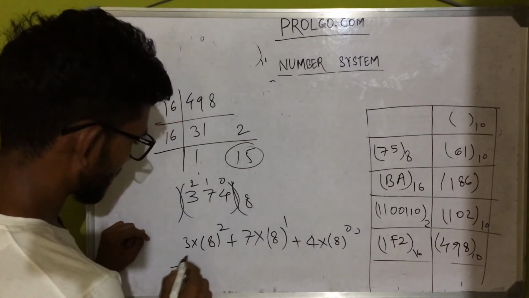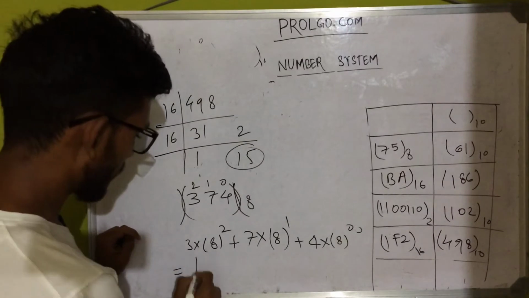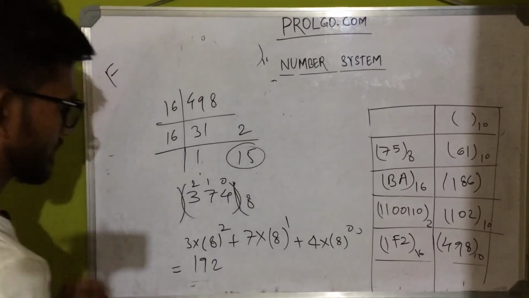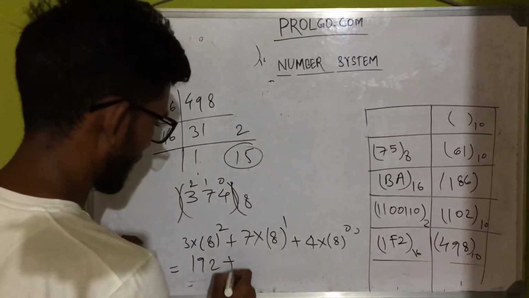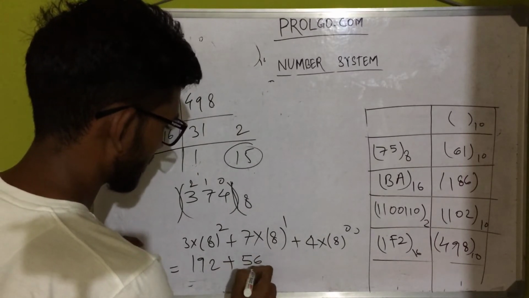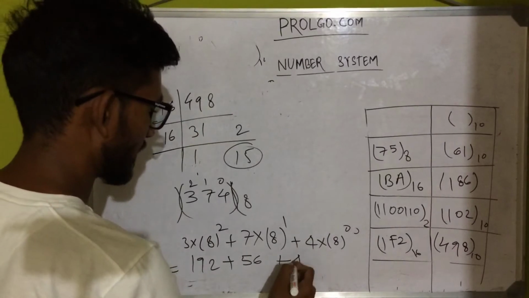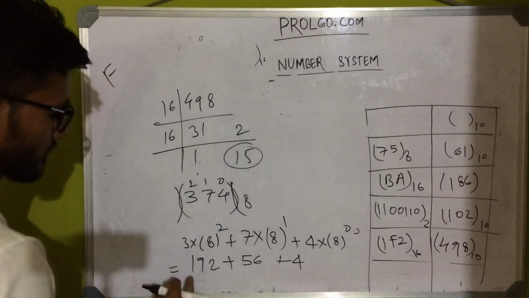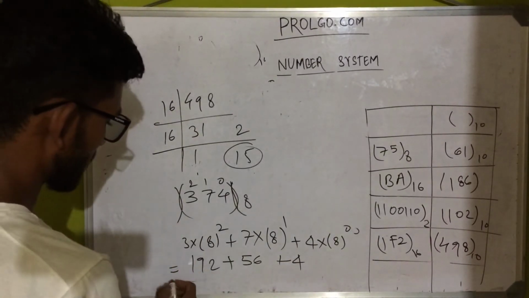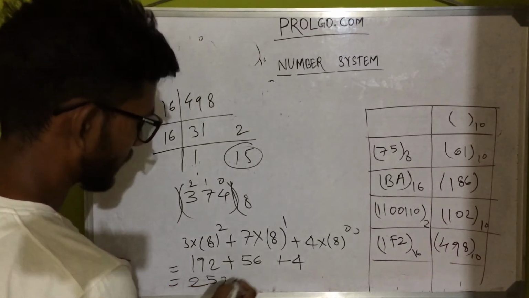So that would be 64 into 3, 192 I guess, and 7 into 8, 56, plus 4, so 260 minus 8, I guess 252.